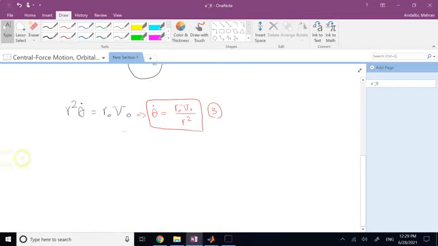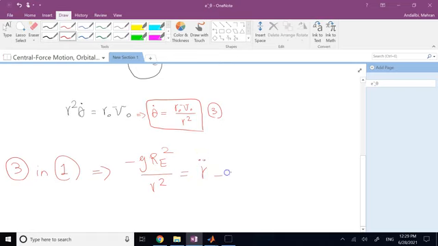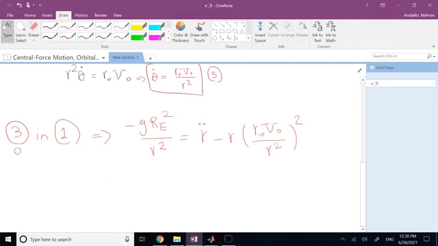So now if I go ahead and plug 3 into 1, then I will get negative g r e squared over r squared, which is the left hand side, equals r double dot minus r times this guy squared, theta dot squared. And here, this is r, this is going to be r to the 4. Okay, so you can simplify, you will get r cubed.